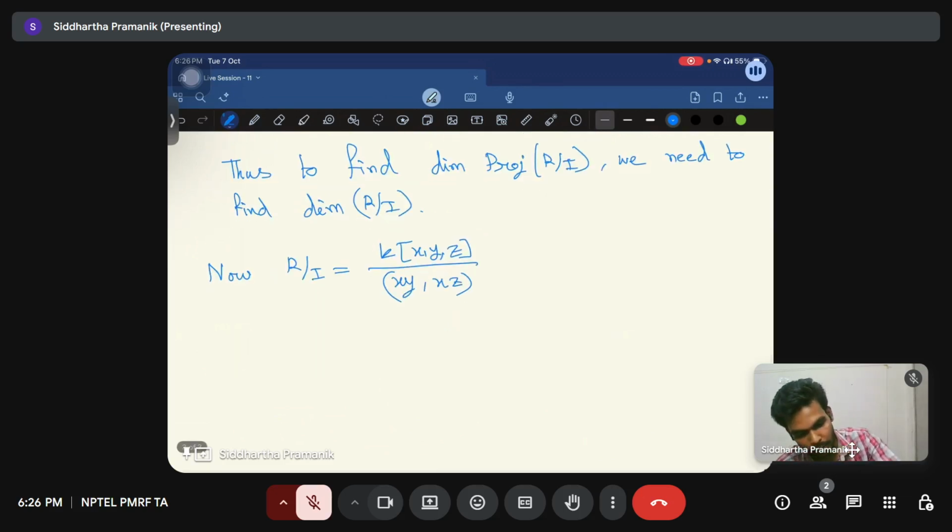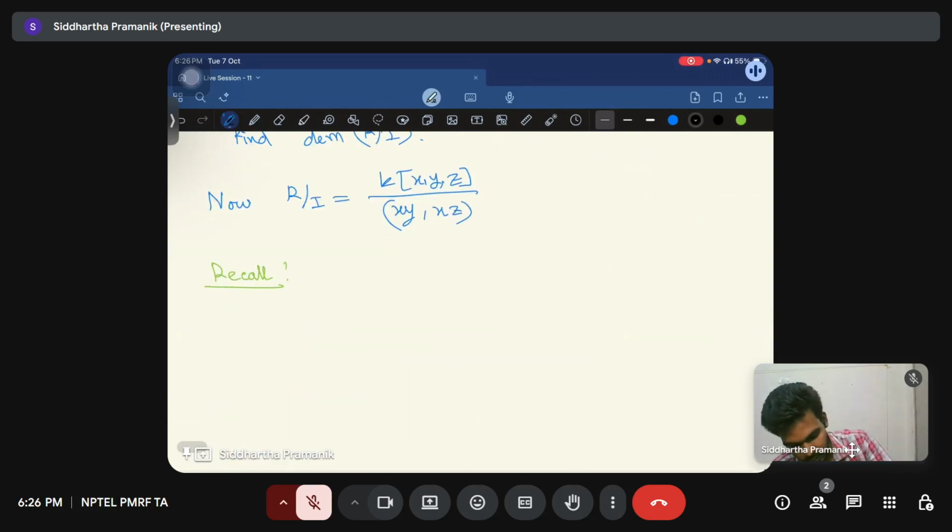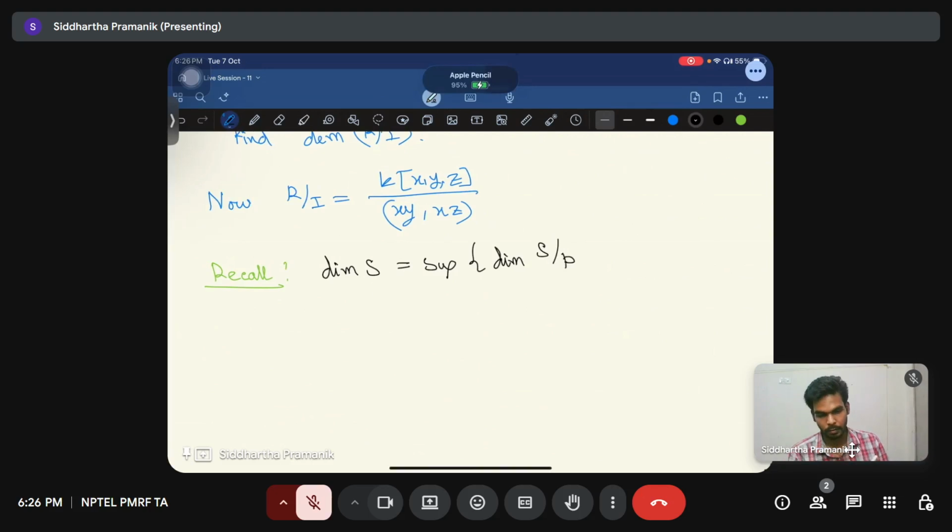So also recall one more thing. Recall that the dimension of S, not R, let's denote it by S because we have fixed R, is the supremum of the dimension of S modulo P such that P is a minimal prime of S, right?